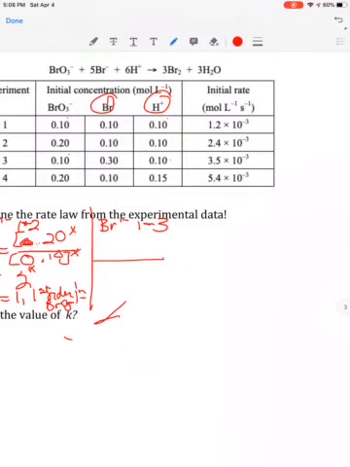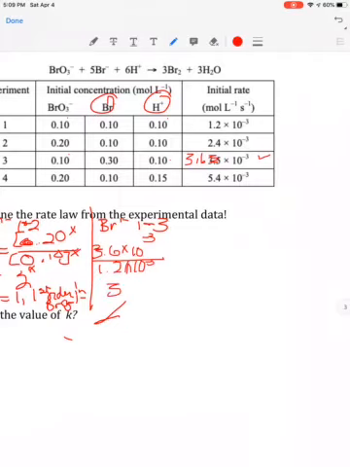I'm going to put the rate for 3 in the numerator, and I'm just looking at this. This should probably be 3.6. I'm looking at it, and I'm seeing that I had 3.6 in my other data that I was looking at, so I'm going to go 3.6 times 10 to the minus 3. And in the denominator, I'm going to have 1.2 times 10 to the minus 3.